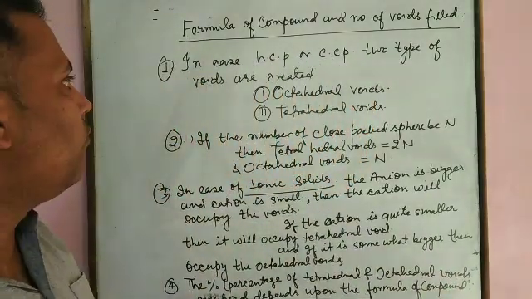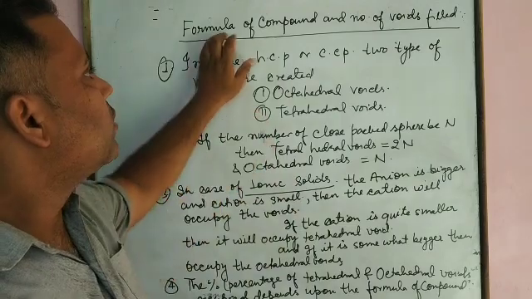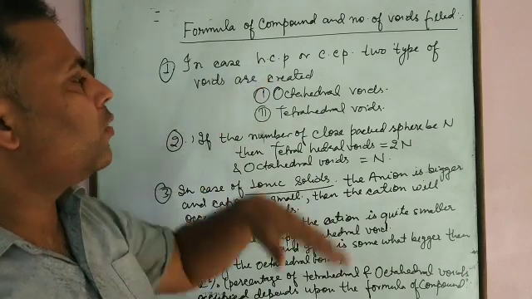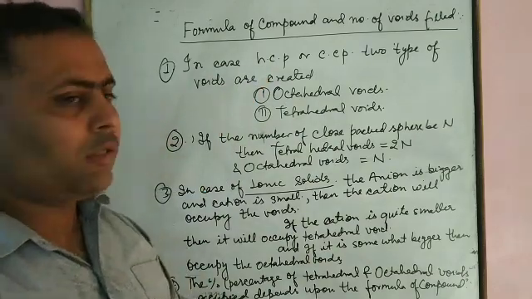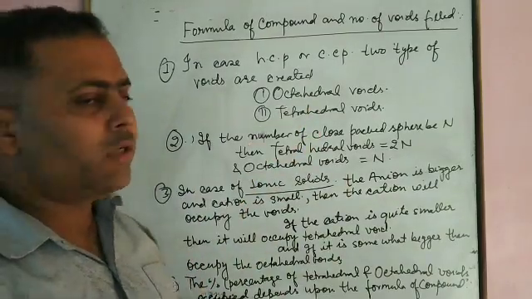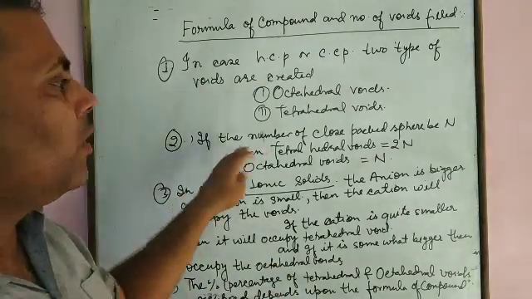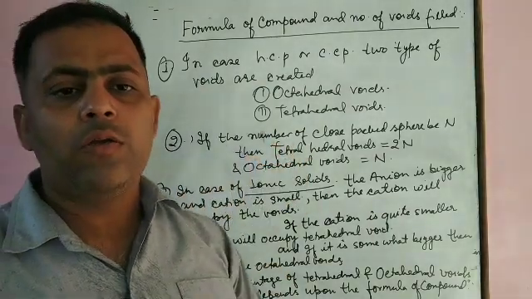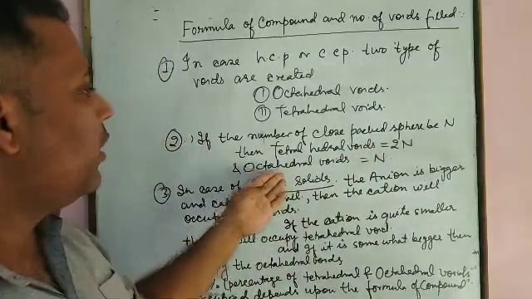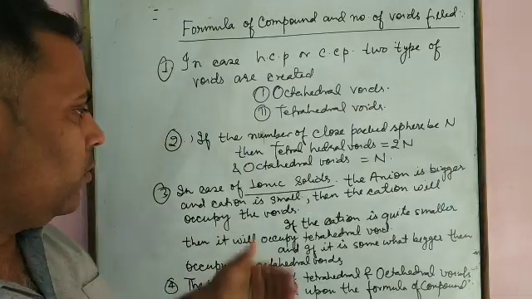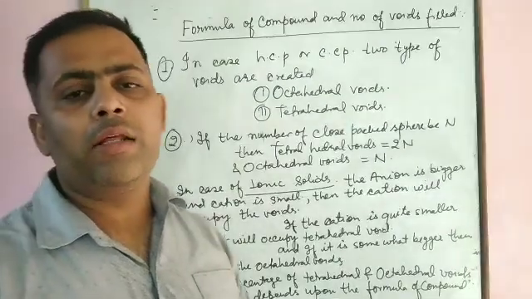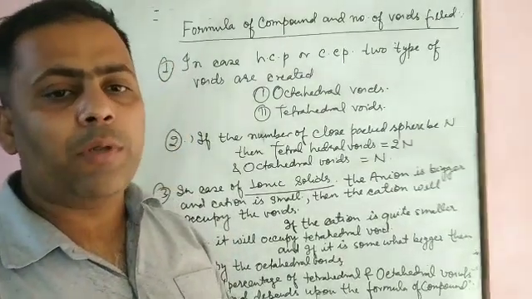Let us discuss it once again. We are going to discuss the formula of compound and the number of voids filled. In case of hexagonal close pack structure or cubical close pack structures, two types of voids are created, octahedral and tetrahedral. If the number of spheres in close pack structure be n, then the tetrahedral voids is 2n and the octahedral voids is n. In case of ionic solids, the cation is usually smaller and the anion is bigger.